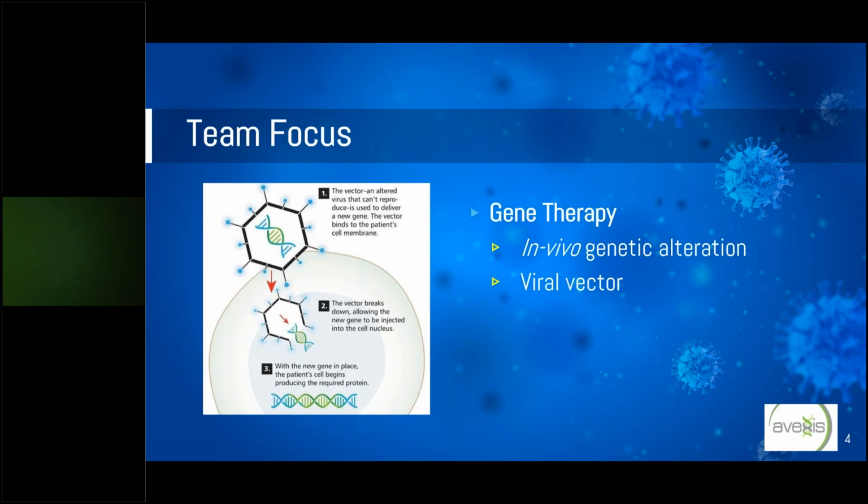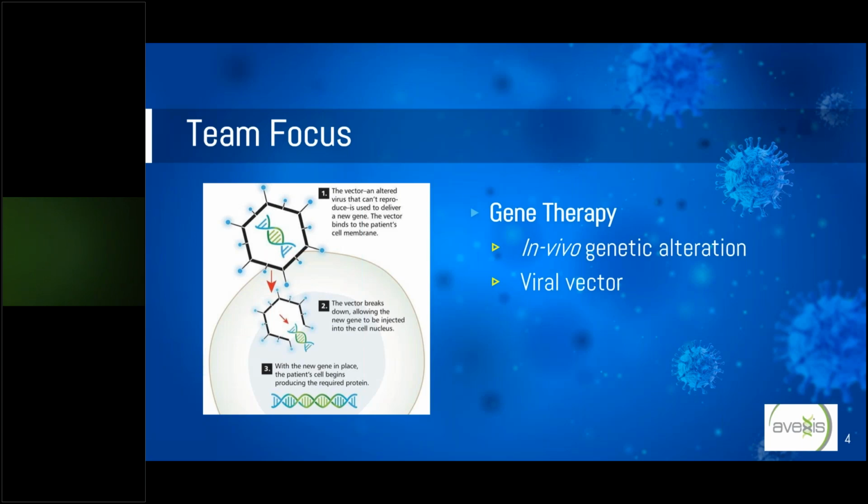And so that entailed taking this as a gene therapy product, because Avexis specializes in rare neurological genetic diseases. So that led us further to the assumption that this is most likely an in vivo gene therapy product. And with in vivo gene therapy, the main process is around the manufacturing of a viral vector.